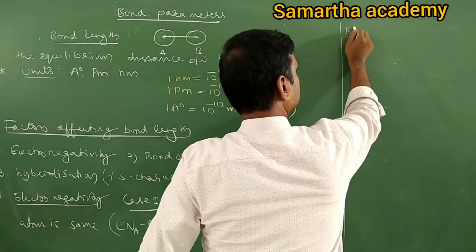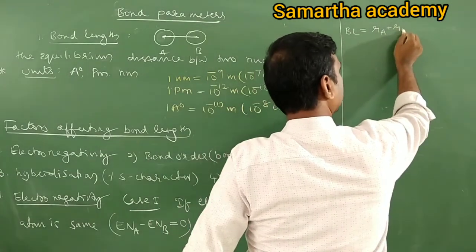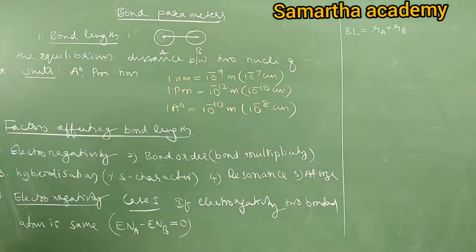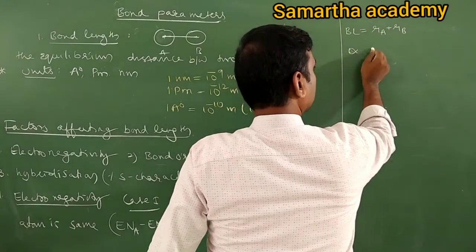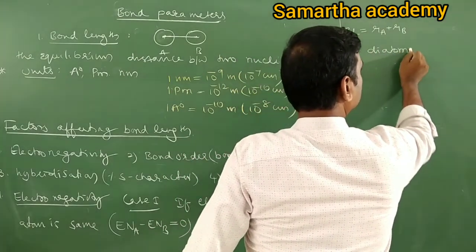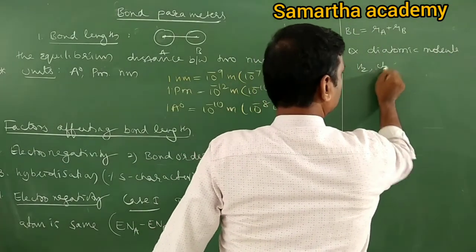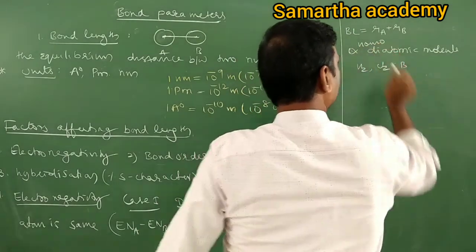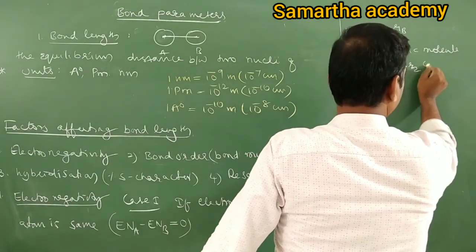Bond length is equal to the radius of atom A plus the radius of atom B, just the sum of the radii of A and B. For example, take homodiatomic molecules like hydrogen, chlorine, bromine, even O2, N2.